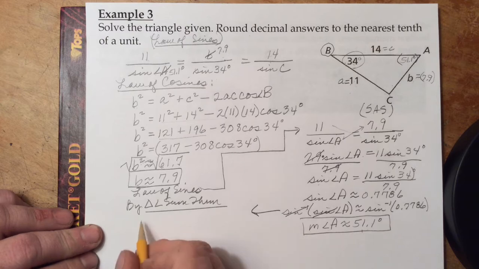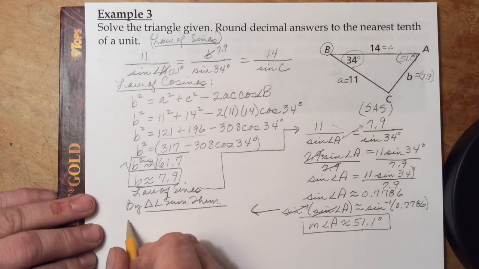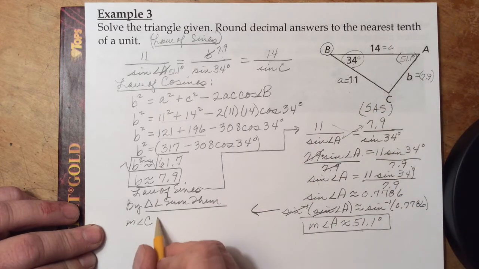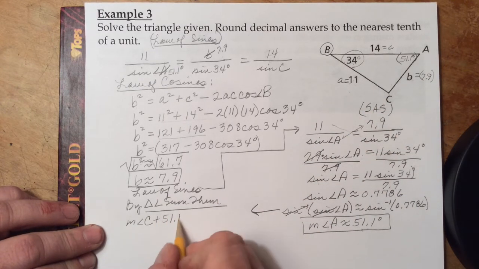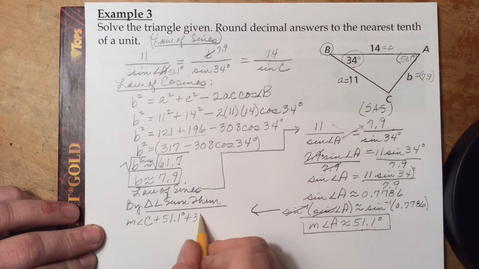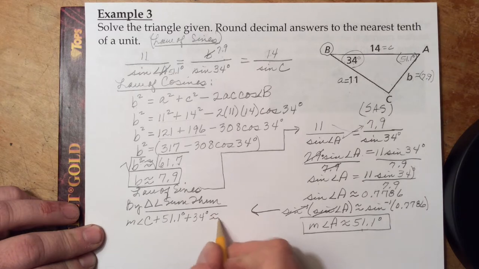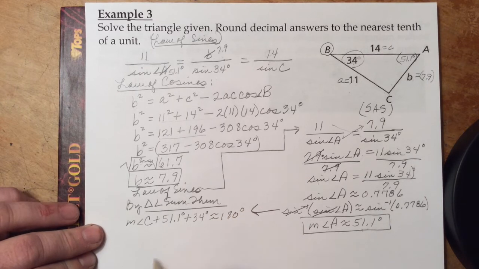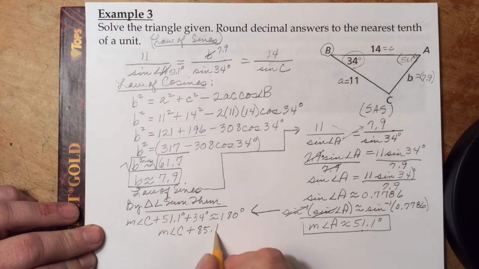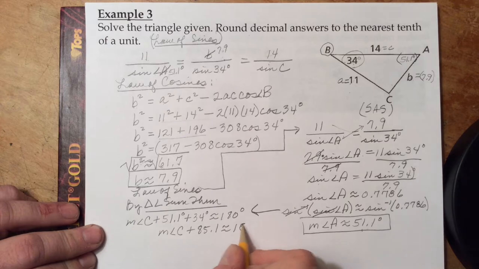Now we've approximated, so everything is approximately now. So the measure of angle C is what we're looking for, plus measure of angle A is about 51.1 degrees, plus B, which is 34 degrees, is about 180 degrees. So adding those two, we get the measure of angle C plus about 85.1 degrees is about 180 degrees.